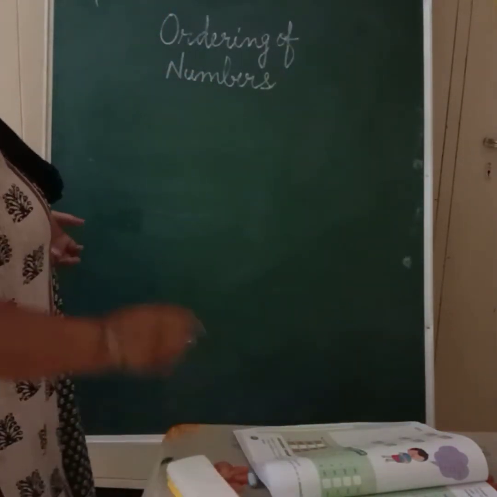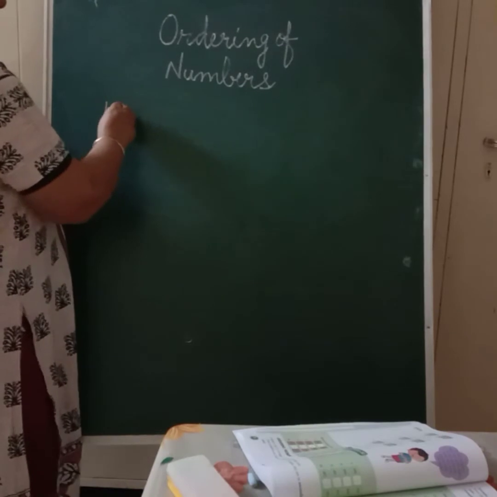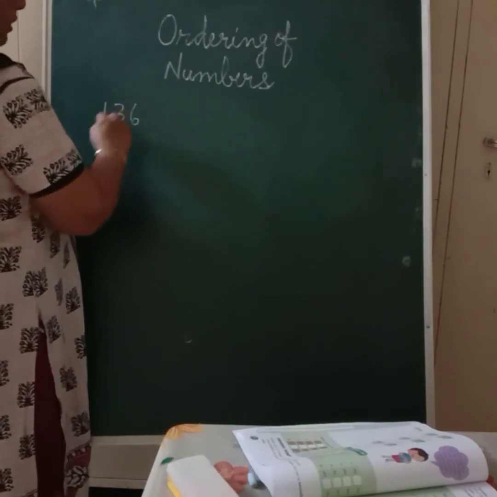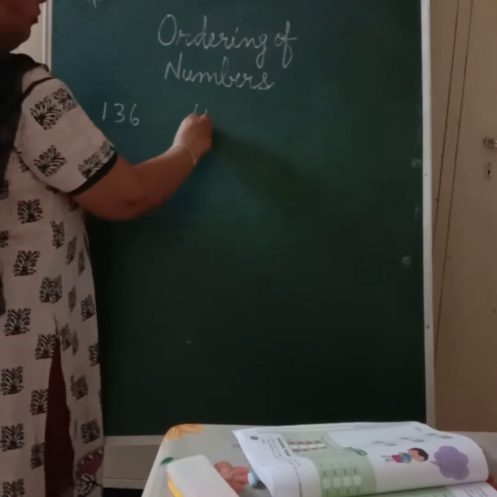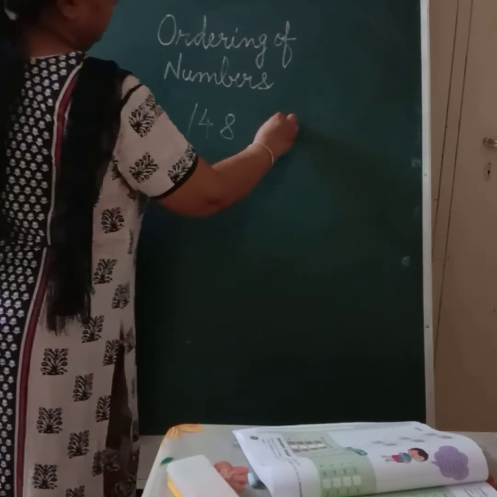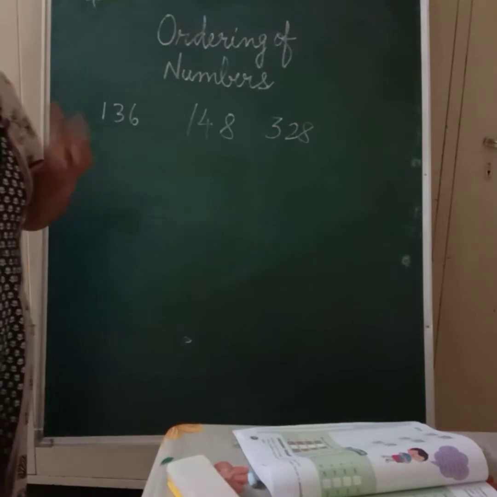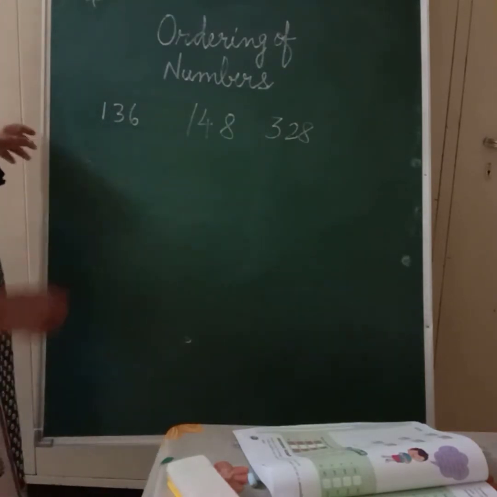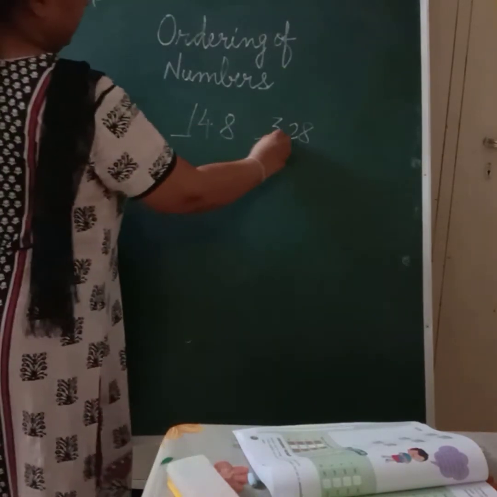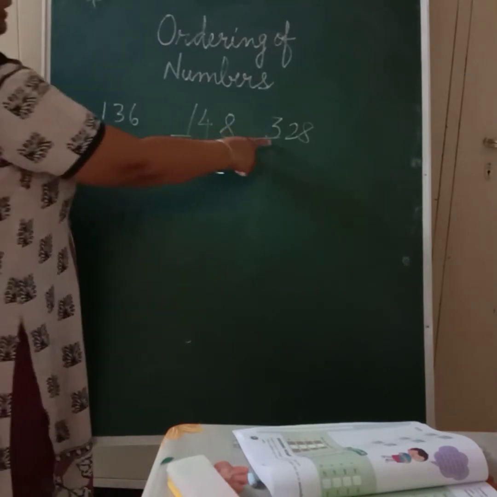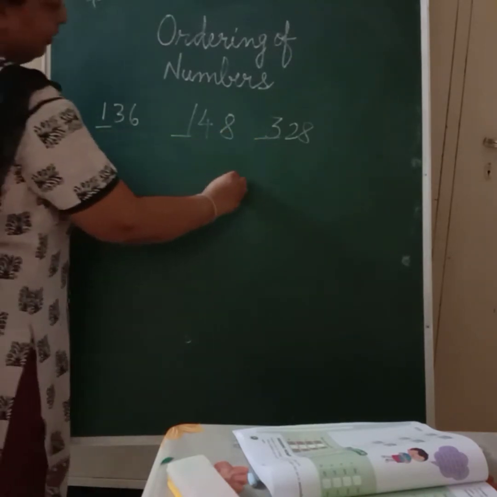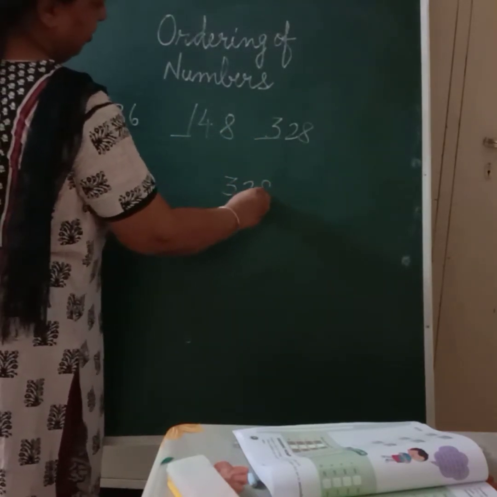Suppose I give you 3 numbers: 136, 148 and 328. See, now you know the comparison of numbers. See, 100, 100, 300. 300 is greater, so it will come last.